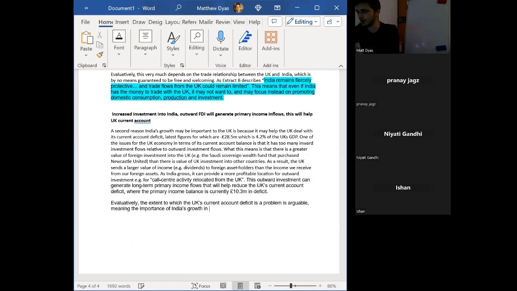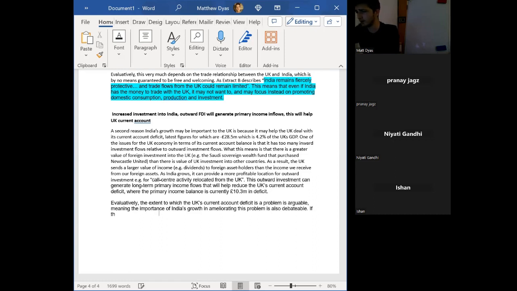How is it I can spell ameliorating but not relieving? Ameliorating this problem. The importance of India's growth in ameliorating this problem is also debatable. So do I need to explain that a little more?